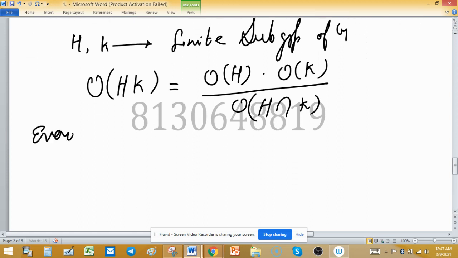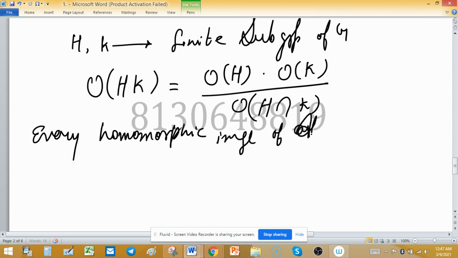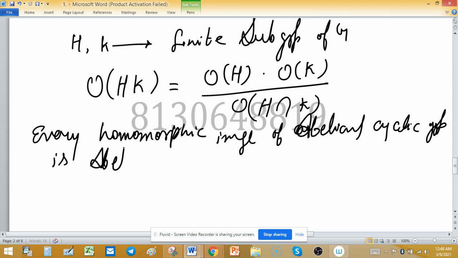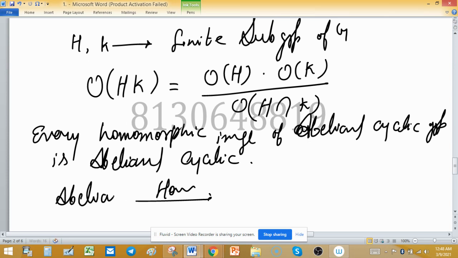Means homomorphism sends abelian to abelian, meaning commutativity to commutativity, or cyclicity to cyclicity.